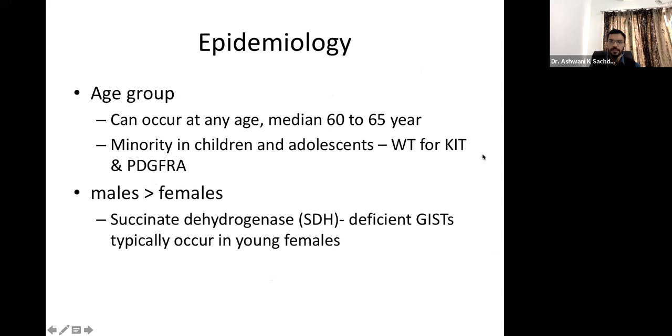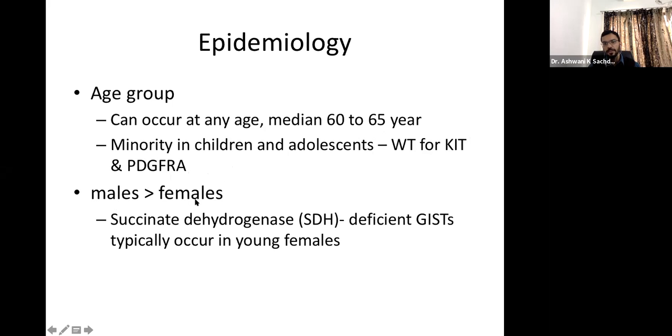The median age is usually 60 to 65 years, but it can occur at any age. Those occurring in children and young adults are more likely to be wild type for KIT and PDGFRA mutation, that we'll understand in the next slide. They are not associated with mutation, and they are more likely to be associated with some syndrome, or syndromic GIST.